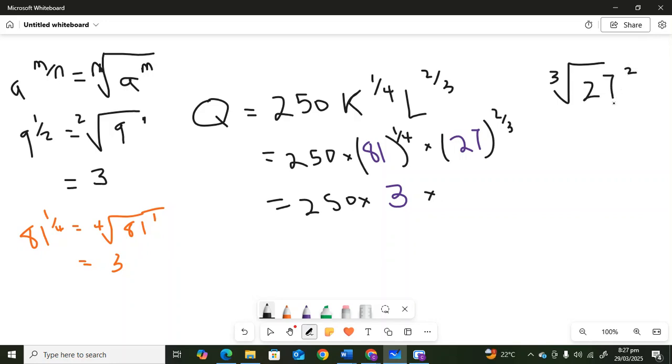The cube root of 27 is 3, since 3 times 3 times 3 is 27. Then 3 squared gives us 9.